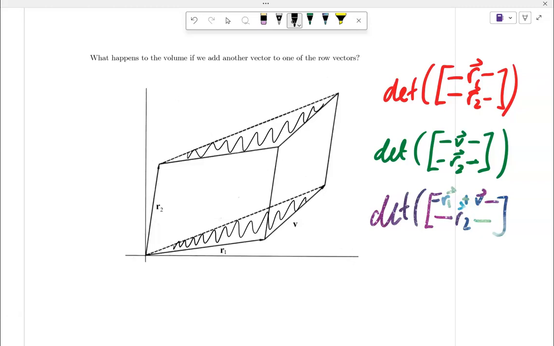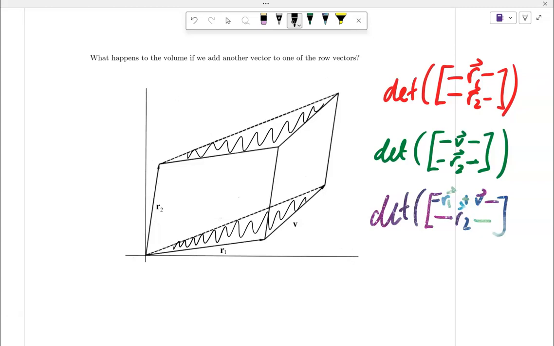Notice it's the same vectors that form the triangles. So notice that if I take that first parallelogram and add it to the second parallelogram, that contains this triangle, right? But this is this one. What happens if we do it the other way around and look at the big parallelogram that has the two dashed lines?